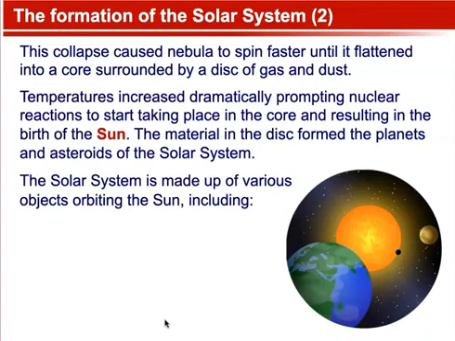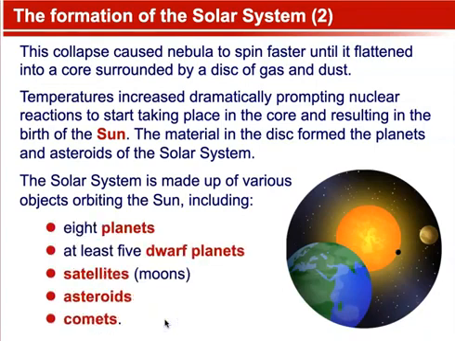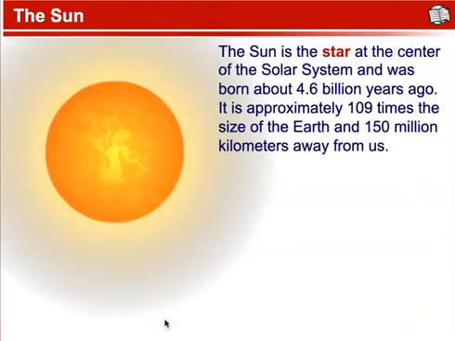The solar system is made up of various objects orbiting the sun, including 8 planets, at least 5 dwarf planets, satellites or moons orbiting the planets, asteroids, and comets. The sun is the star at the center of the solar system and was born about 4.6 billion years ago.